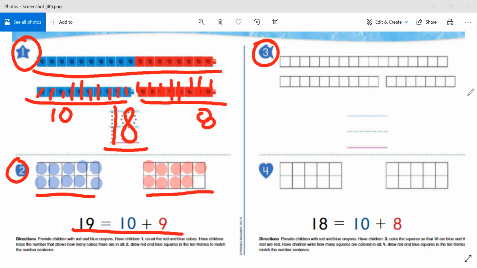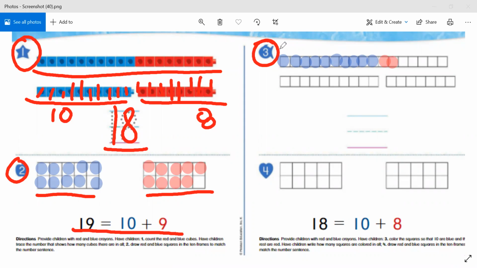So first we're going to color 10 squares blue. So get your blue crayon. 1, 2, 3, 4, 5, 6, 7, 8, 9, and 10. And then the rest we're going to color in red.